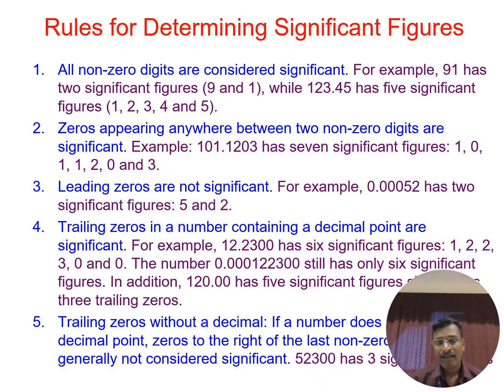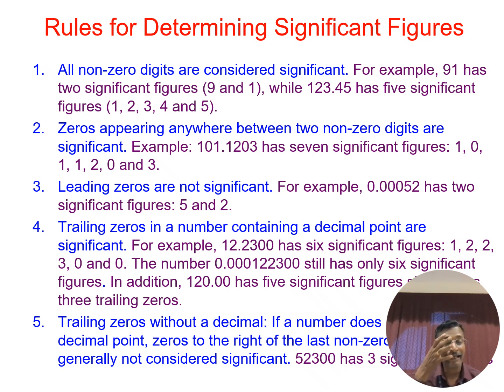Look at the example 0.000052. Okay, so these zeros are not significant figures. Only 5 and 2 are significant figures. Fourth, trailing zeros in a number containing a decimal point are significant.